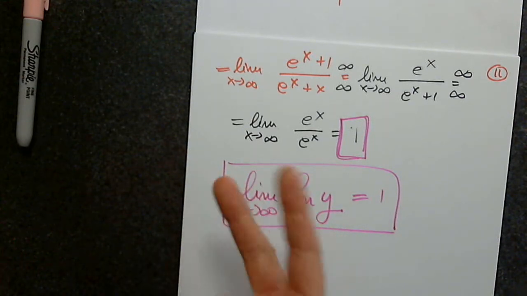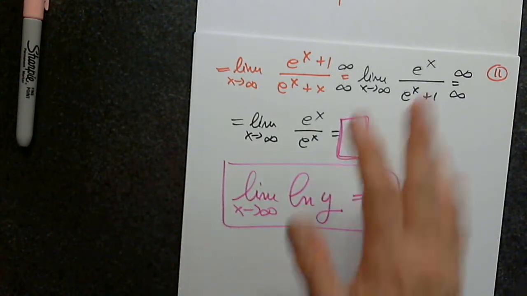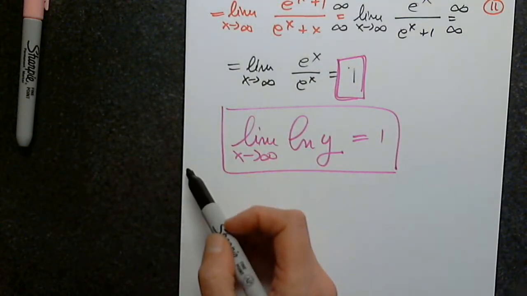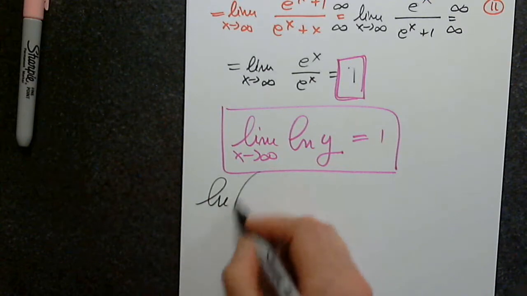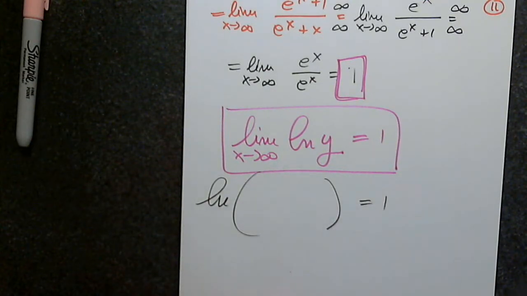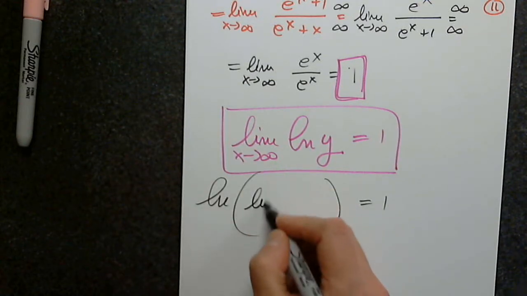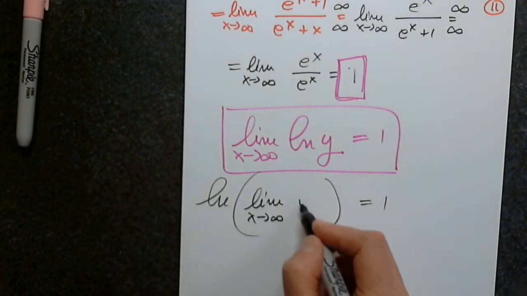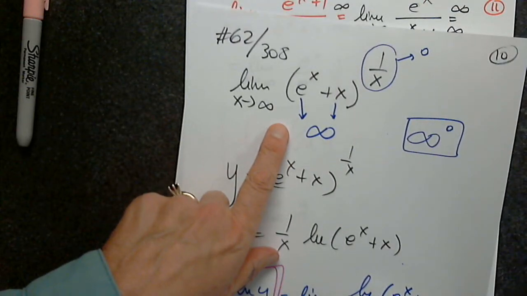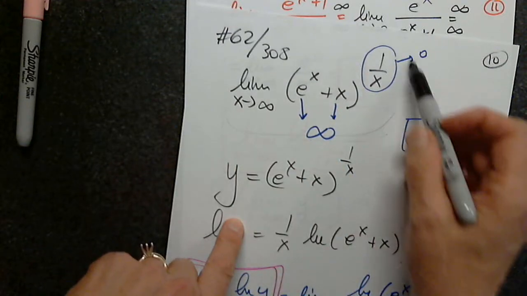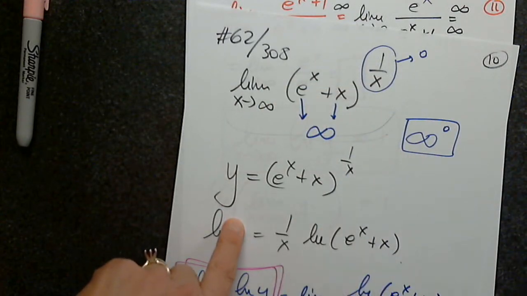These are the two operators that need to be swapped under conditions of continuity. Natural log of the limit as x approaches infinity of y, and this is exactly what I want to determine. After swapping of the operators, I got exactly what I want, because this is y.